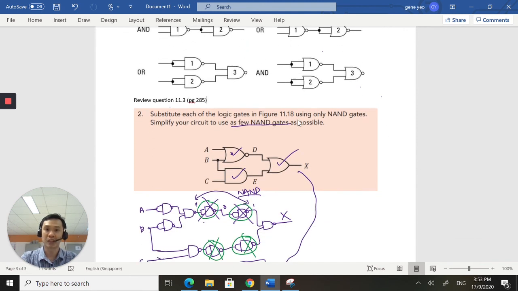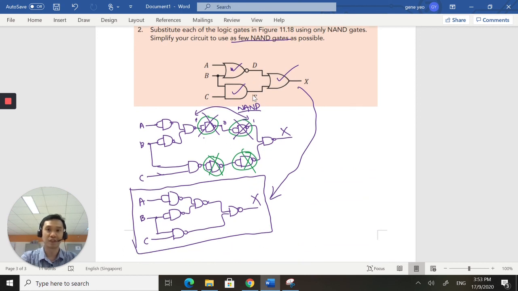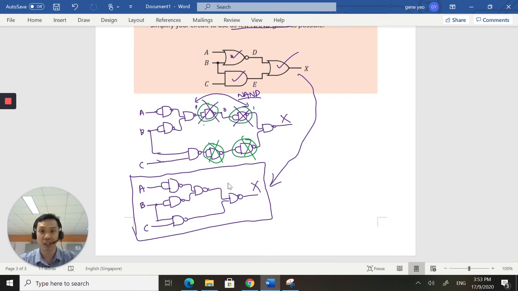Next, you must know how to draw the equivalent of different circuits using universal gates, and you need to know how to simplify them. Basically, whenever you see 2 NOT gates, one after the other, they can be cancelled off, simplifying your circuit. Okay, so this is the video about universal gates.